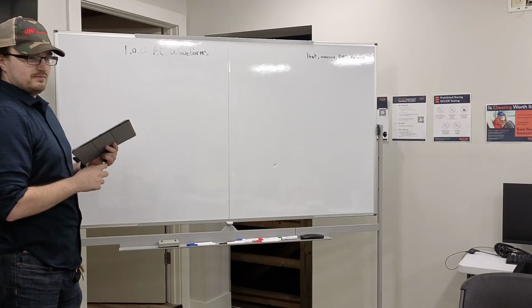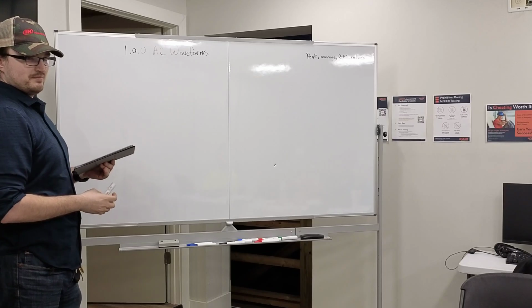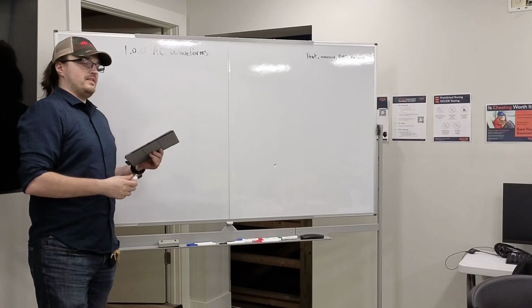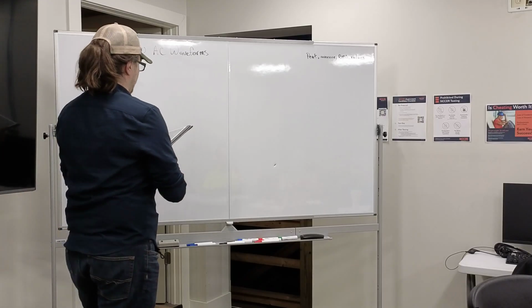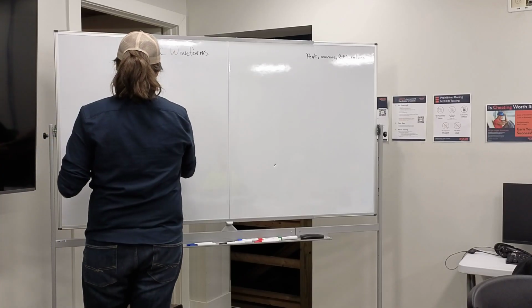Okay. All right. So AC is a type of current with changing direction, strength, and voltage over time.